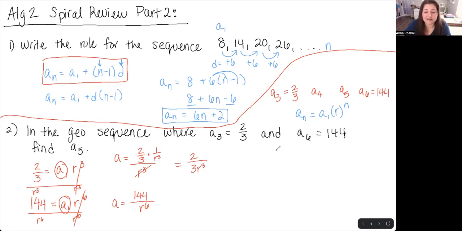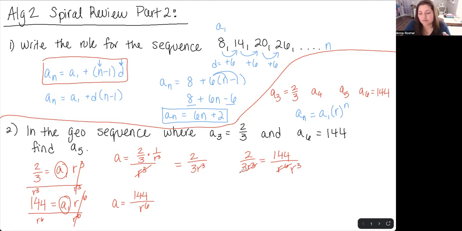I can then set these two equal to each other. So 2 over 3r to the 3rd is equal to 144 over r to the 6th. And I know that I can simplify across with fractions. If you don't know that, you can. I know that if I have 3 r's here, I can take away 3 r's from here and here and just be left with r to the 3rd.